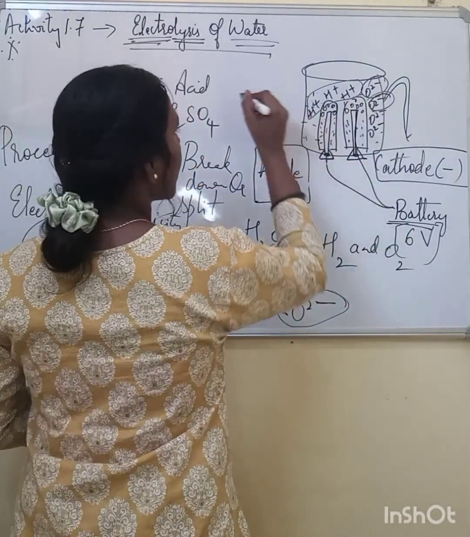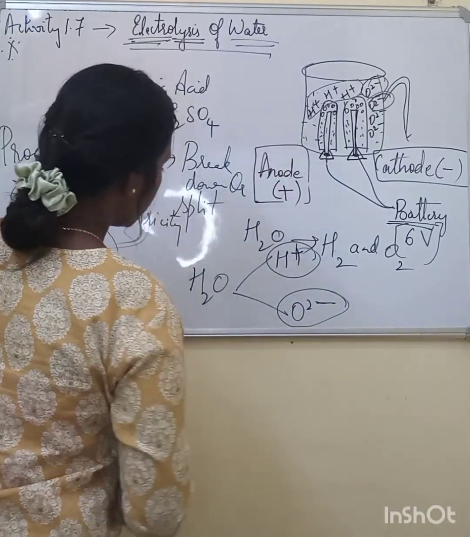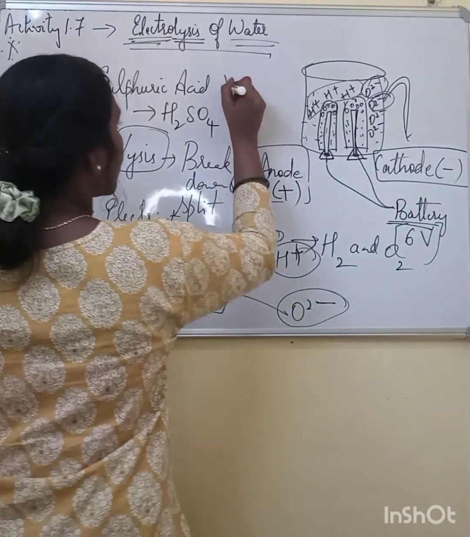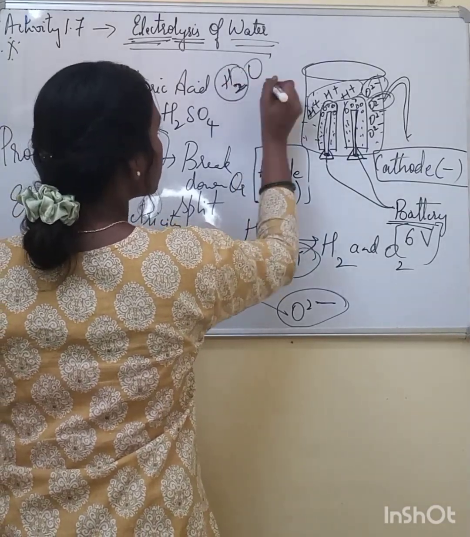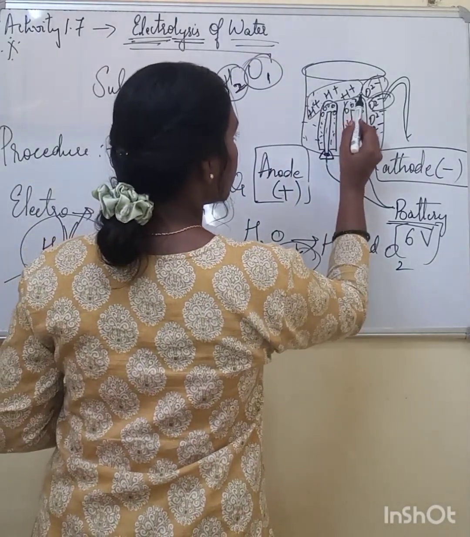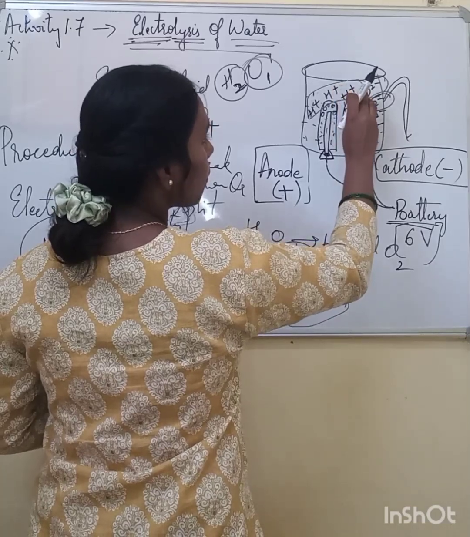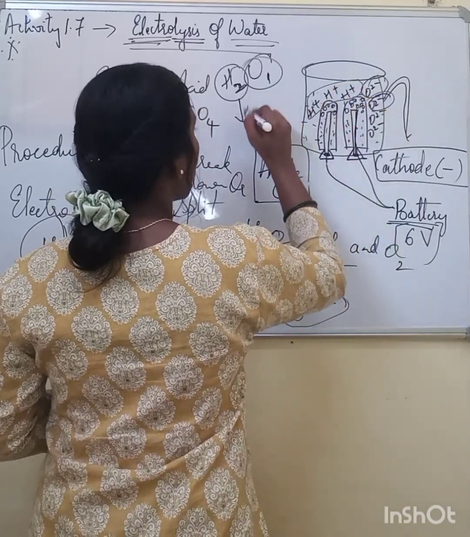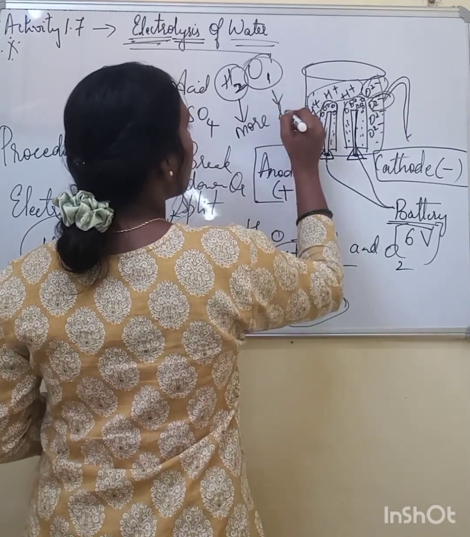Now we can see H is hydrogen in H2O. Here we have 2 molecules of hydrogen, 1 molecule of oxygen, correct? So the hydrogen amount will be more compared to oxygen.